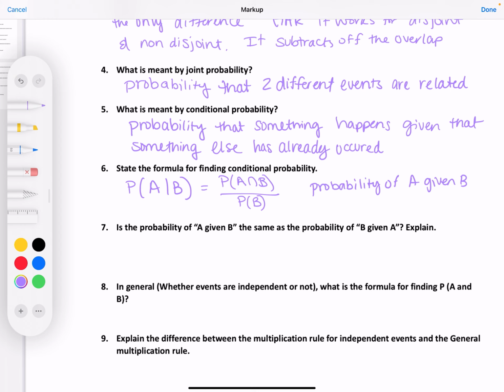So we're going to assume that you were given already what A and B was. So no, because it changes what it is being divided by. Theoretically it could come out to be the same, but there's not a guarantee of that.